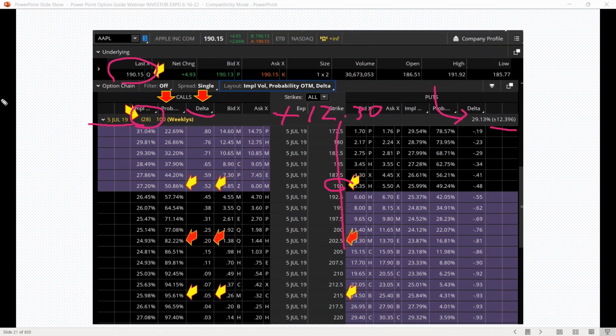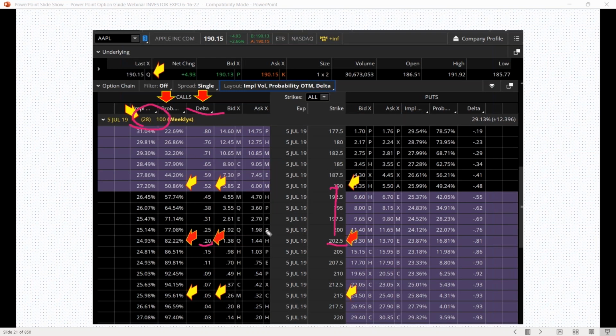But as you go up the deltas, from 190 to $202.50, you see a 20 delta. So you've only got about a 20% probability for Apple to get to 202.50 over the next 28 days.